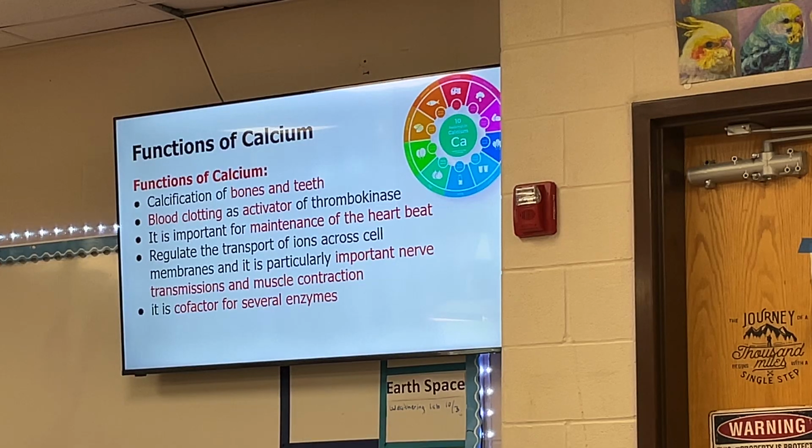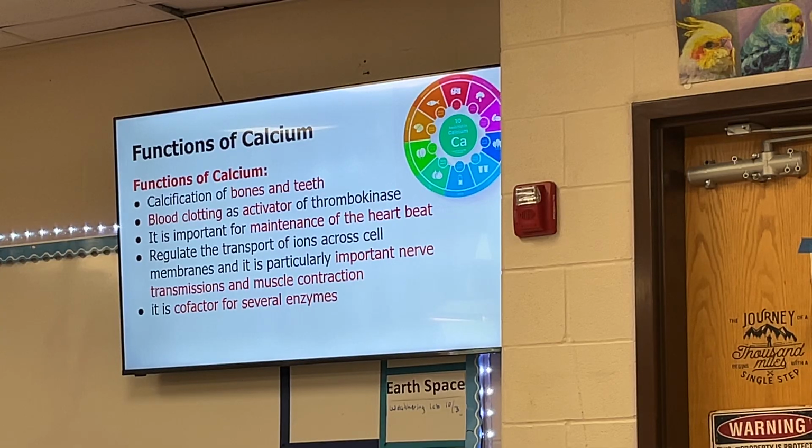Important for nerve transmission, as I was saying, and also muscle contraction, so I kind of got ahead of myself there. Calcium is important for both of those. When the nerve signal is transmitting down the neuron, calcium is necessary for that. Also with muscle contraction, it signals the muscle to contract and passes on that signal from the nerve to the muscle.